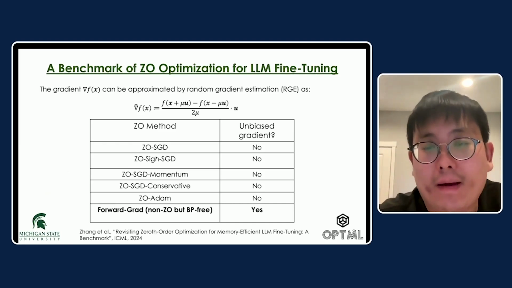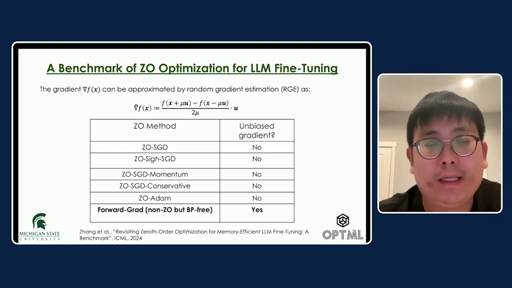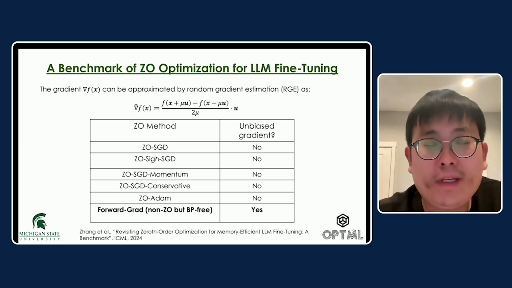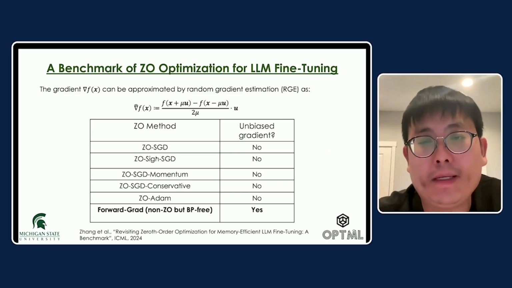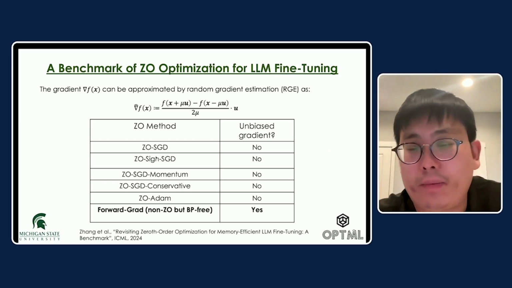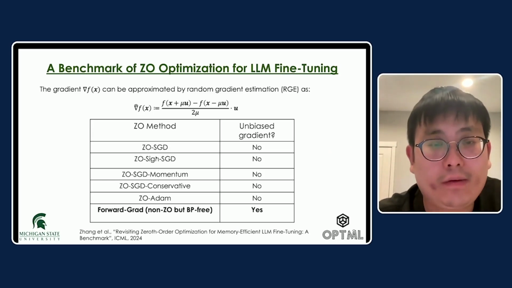This is an unbiased gradient estimator, but it takes higher memory to get it. And all of these gradient estimators and their performance in large language model fine-tuning have been reported in our recent SML paper. If you are interested, feel free to refer to that paper.